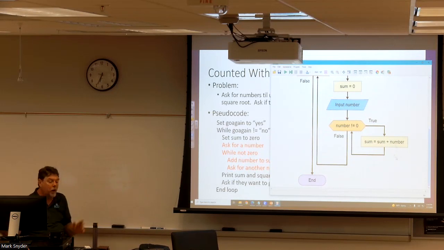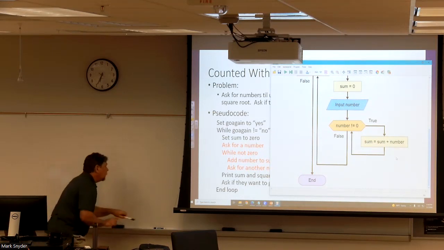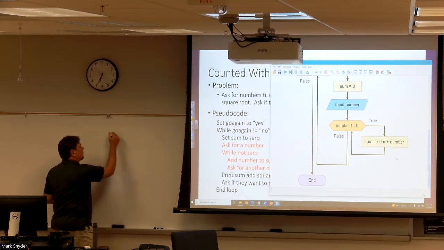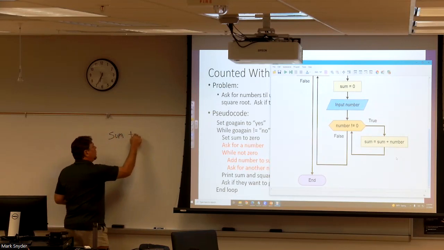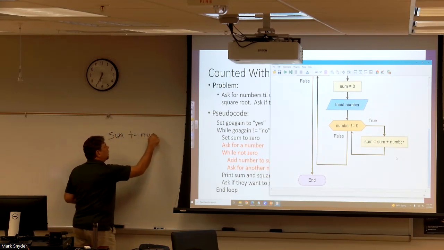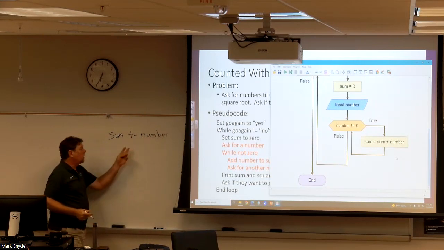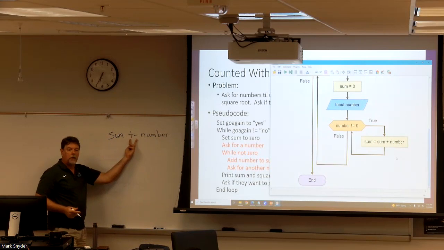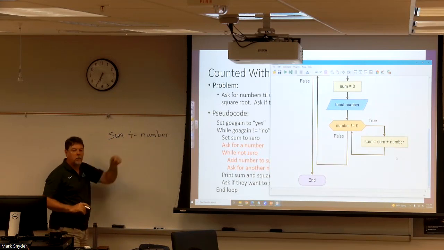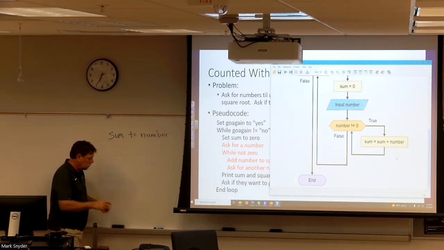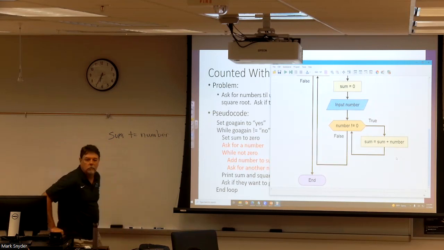You'll see it so much that most languages can shorten it to sum plus equals number. So cut down on the typing. So whenever you see plus equals in a programming language, that means the exact same thing as sum equals sum plus number. But I can't do that in Flowrhythm.